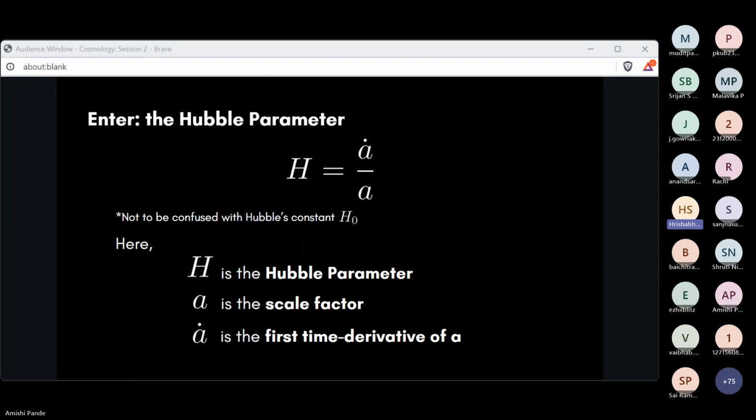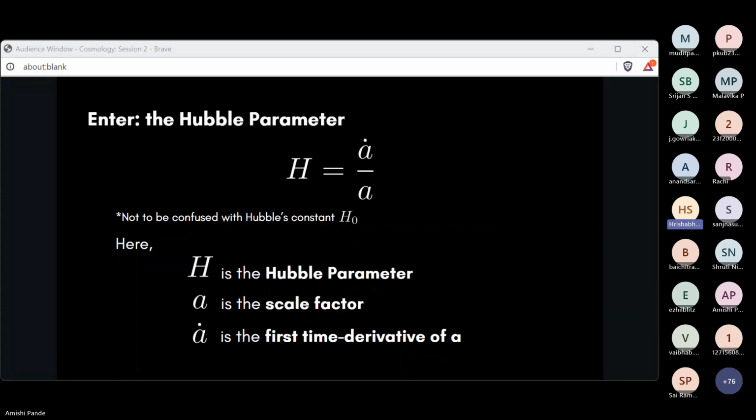Also, I need to tell you here that we saw something called Hubble's constant, the most famous one that we have all known and read about, and we also saw it in Hubble's law. At this point, my small request to you guys is to try to forget Hubble's law. If you stick to that, you might find things confusing in future.